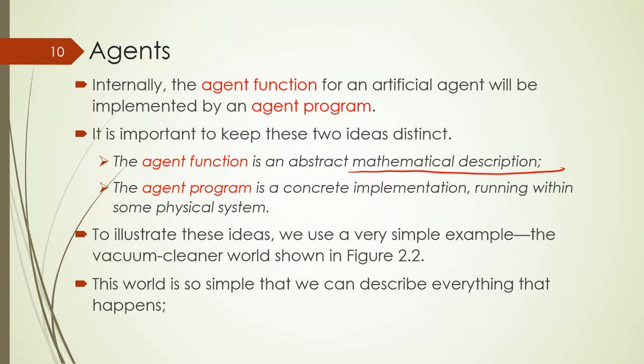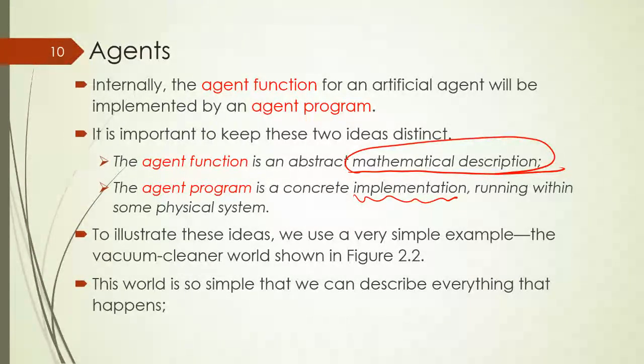It's more general, it's higher level, right? And agent program is a concrete implementation running within the physical system. We talk about this more in this class. Implementation can be in any programming language you know.